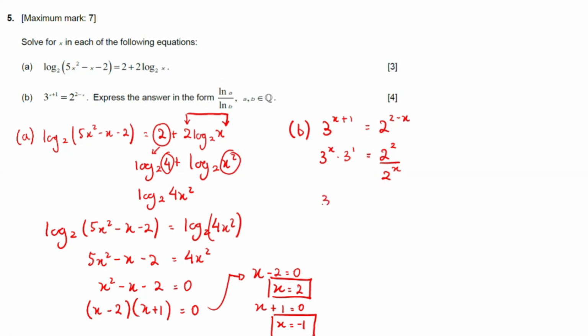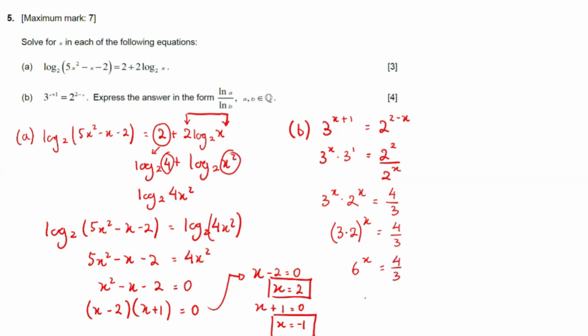So we can have it as 3 to the power of x times 2 to the power of x equals to, okay, I'll change it into 4 over 3 right here. And then it's going to be 3 times 2 to the power of x right here equals to 4 over 3. Meaning that's going to be 6 to the power of x equals to 4 over 3.